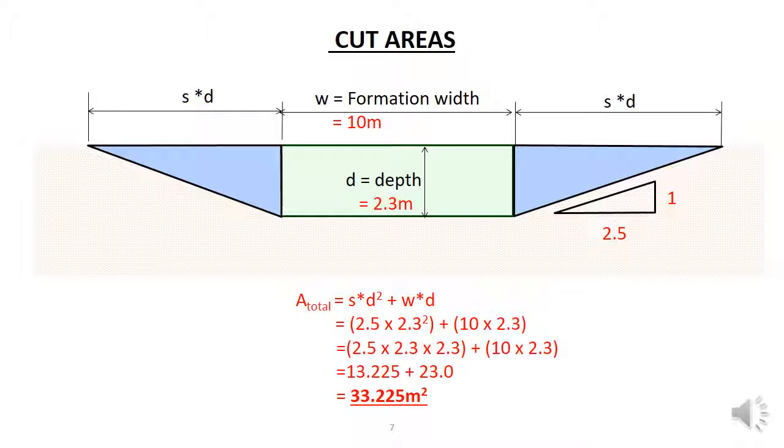Now we'd round that up to 34 square meters because we're not accurate down to square millimeters. We're accurate to plus or minus maybe 1, 2, 3, maybe even 10 square meters. So you need to be aware of that. Don't write everything down to lots and lots of decimal points because you're just not that accurate.